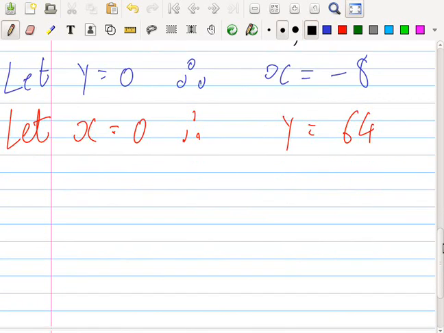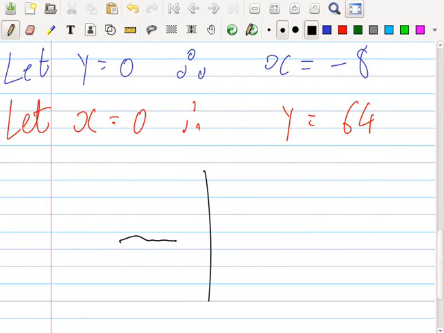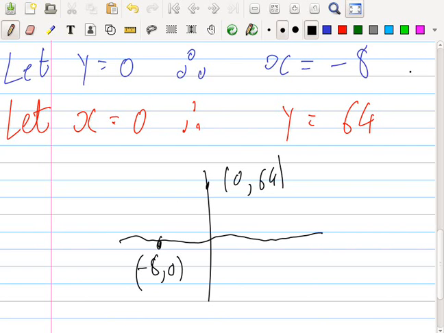So, your points are, it will cross the x-axis at minus 8 and 0, and then it will cross the y-axis at 0 and 64. But notice there's only one answer here. So when I make it cross the x-axis, I need to cross it only once. So that's why it'll look like this.